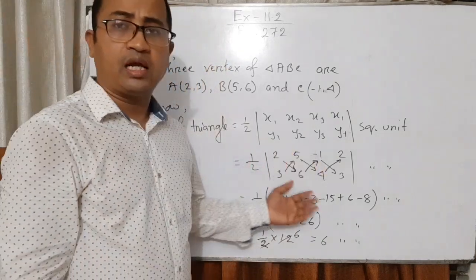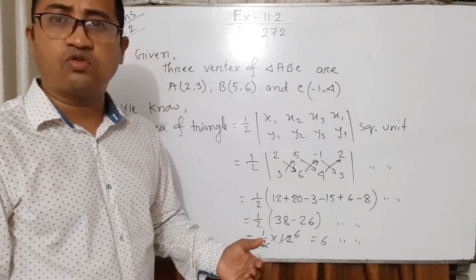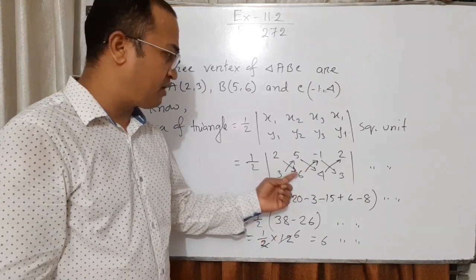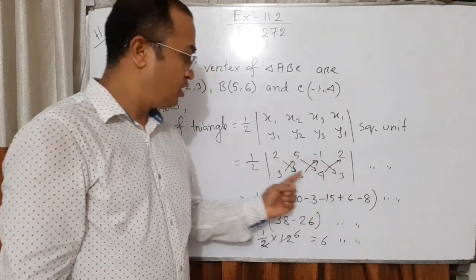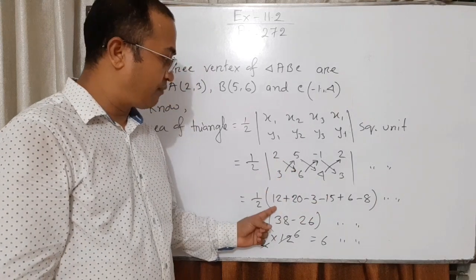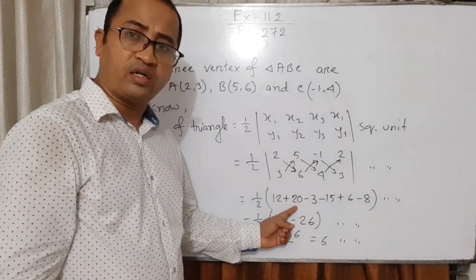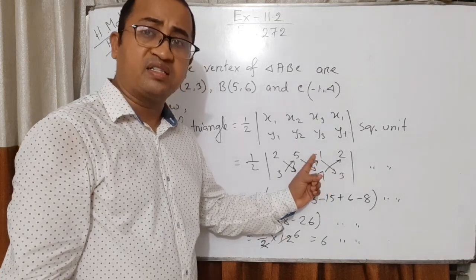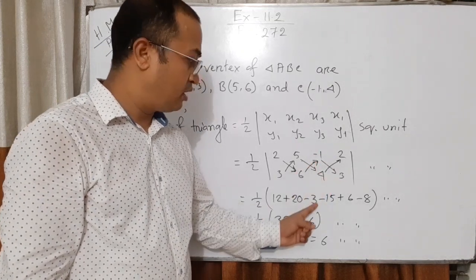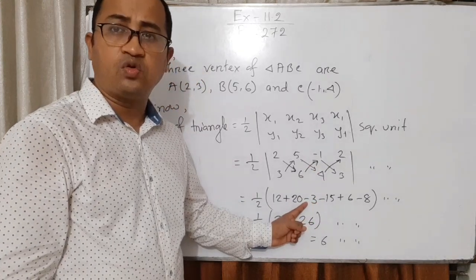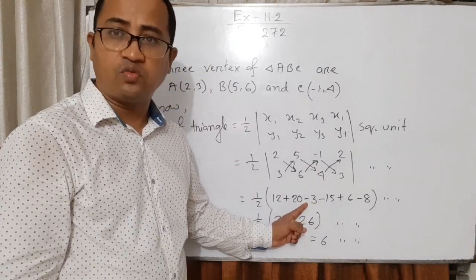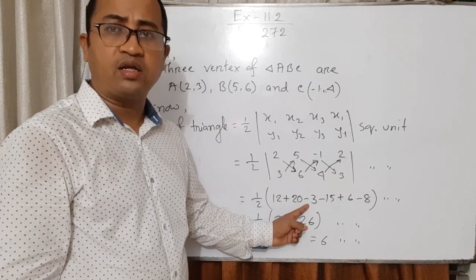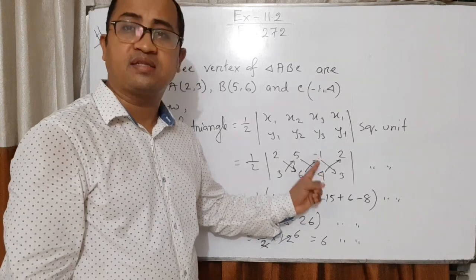Now we will calculate it. At first you should multiply these three. So 2 times 6 is 12, 5 times 4 is 20. Then 3 times 1 is 3, but this is -1, so it will be -3. Our formula is addition, but we write subtraction because there is -3.